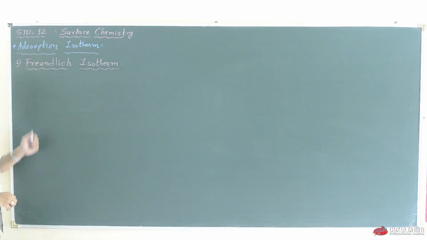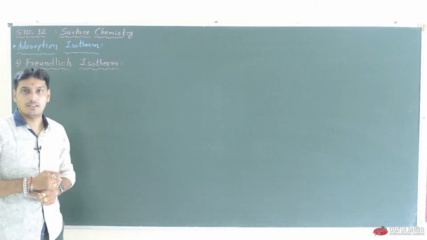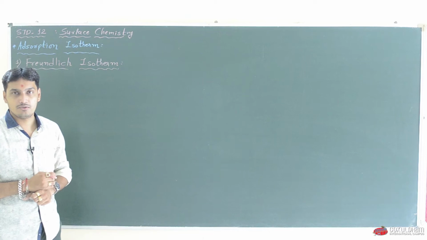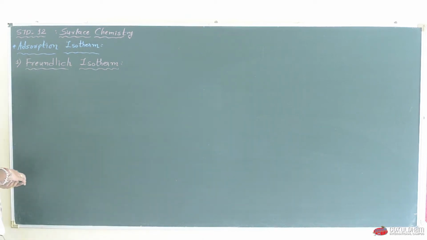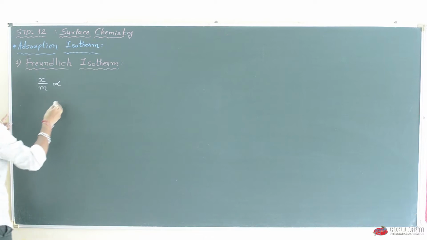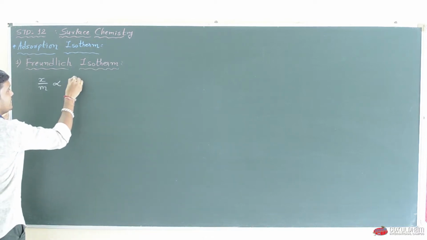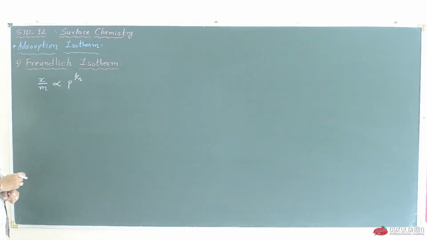The scientist Freundlich gave the empirical formula for the adsorption of gases on the surface of an adsorbent, and this rule is expressed by the equation x by m is directly proportional to p raised to 1 by n. This statement is written in equation form.